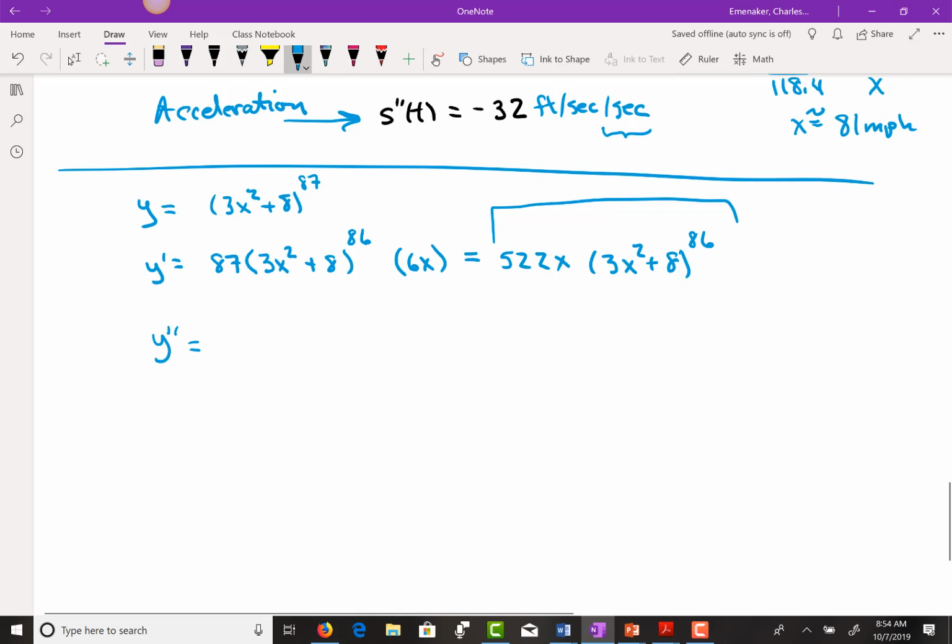You are going to use the chain rule, but overall what's going on? The main event here is this thing times this thing. You got something times something, which means the main event's going to be a product rule. And then when you do g prime, you're going to need the chain rule.